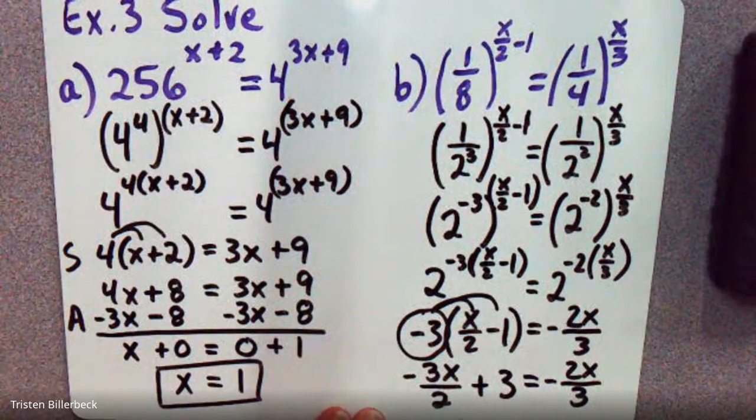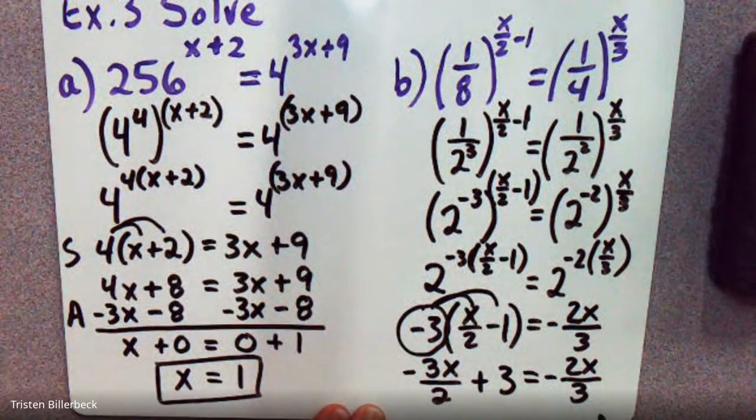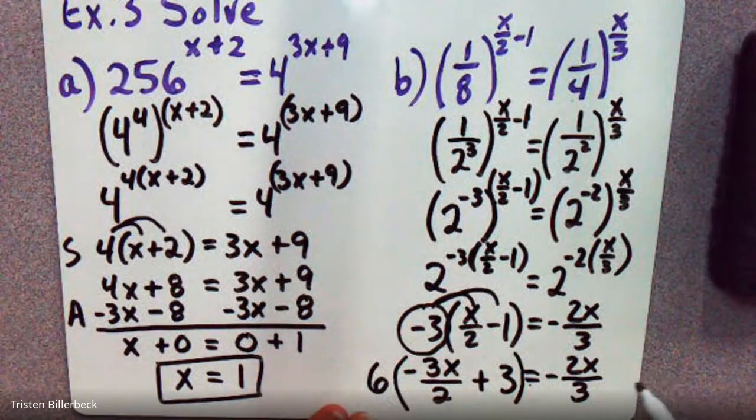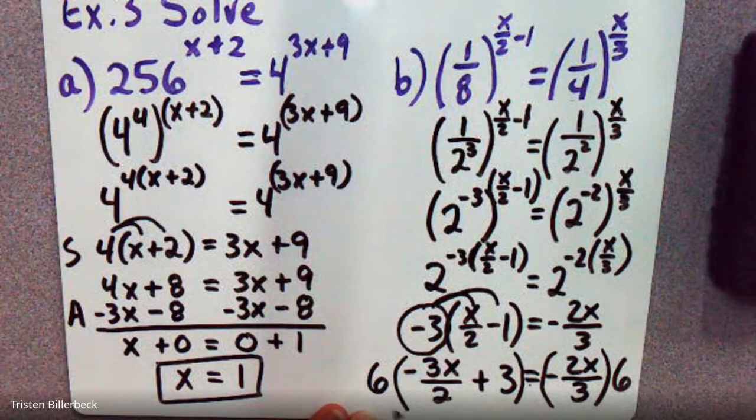So we have a 2 and a 3 in the denominator. We don't want to work with fractions. And we have an equal sign, so we can use a fraction buster. So we're going to take this whole thing. We note that the least common denominator of 2 and 3 is 6. So we're going to multiply that by 6 and this side by 6, because we can't just multiply it on one side, we have to do it on both sides.